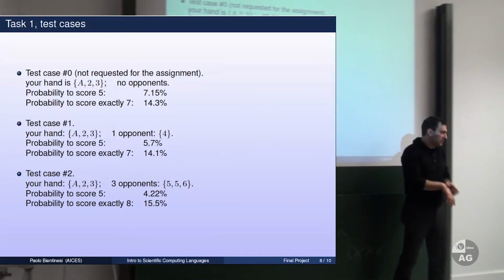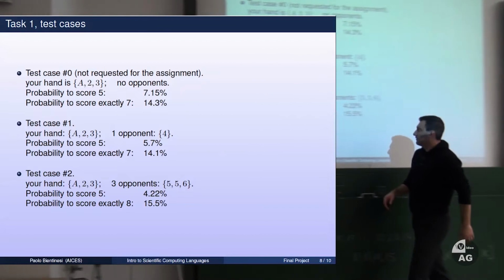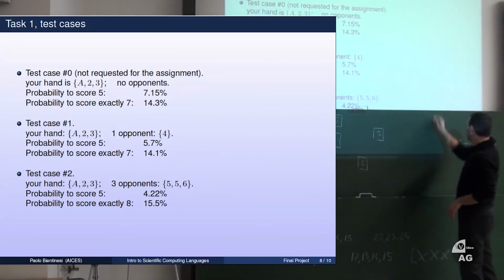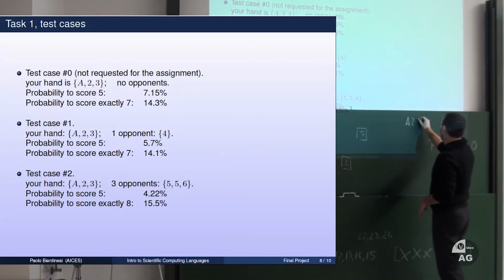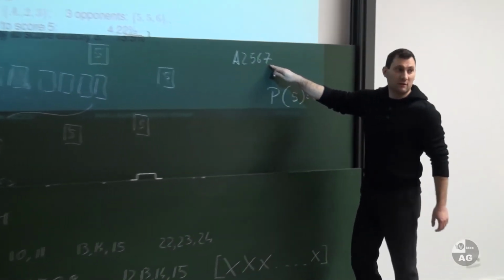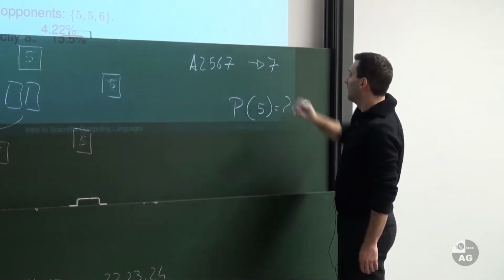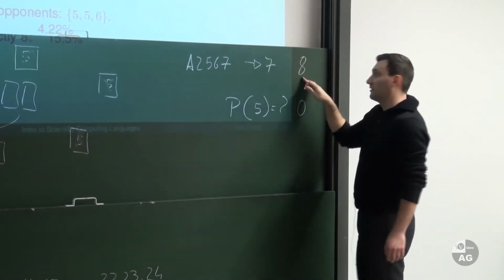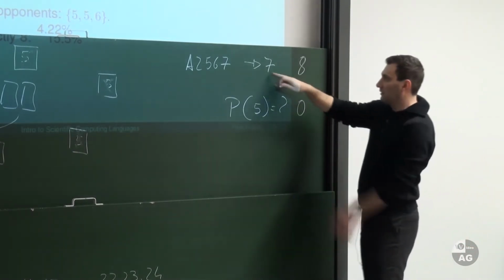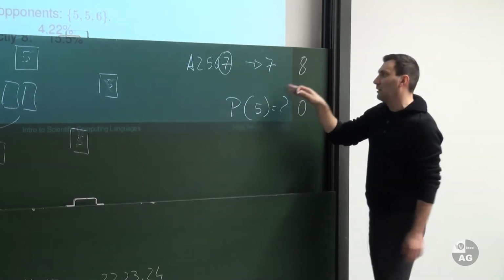In case somebody gets confused, what rank is this? 7. Well, you could say that it's also an 8 because it's better than 8. But I mean that the rank is exactly a 7. It's precisely a 7.